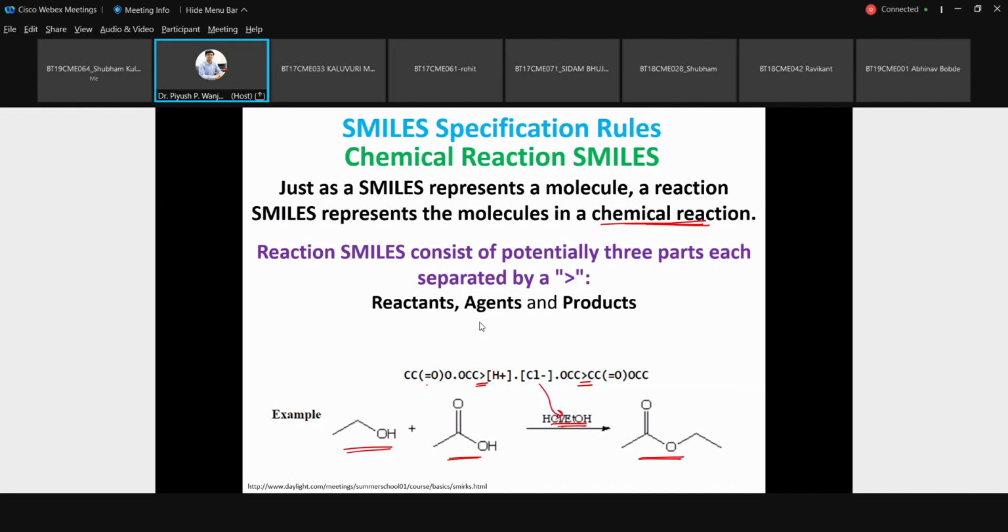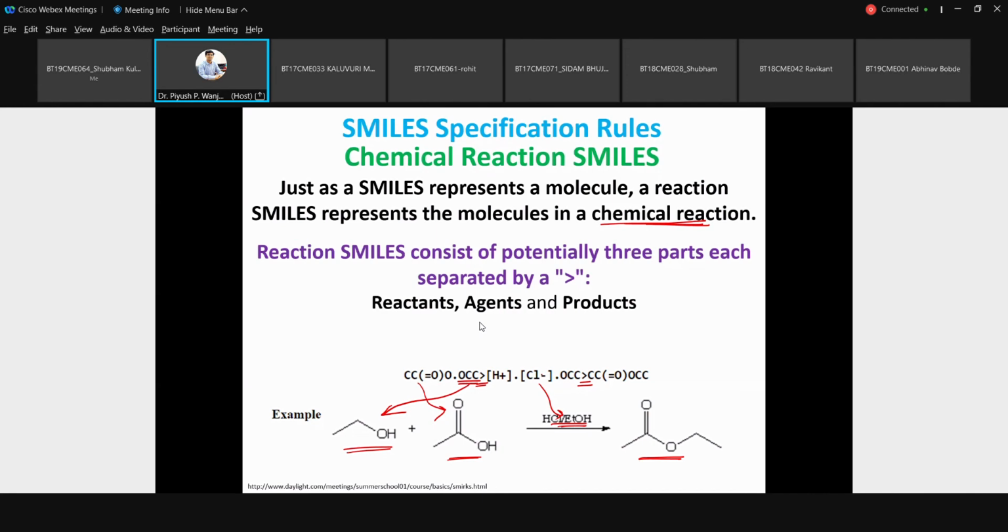Okay, so you can see here this OCC means your ethanol. I said earlier if you are putting any dot between two things, it means a disconnection. These are two different molecules. So this is a different molecule, this is a different molecule. This is your acetic acid that is mentioned first.